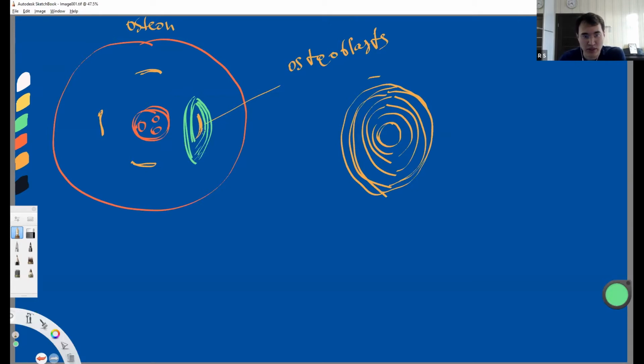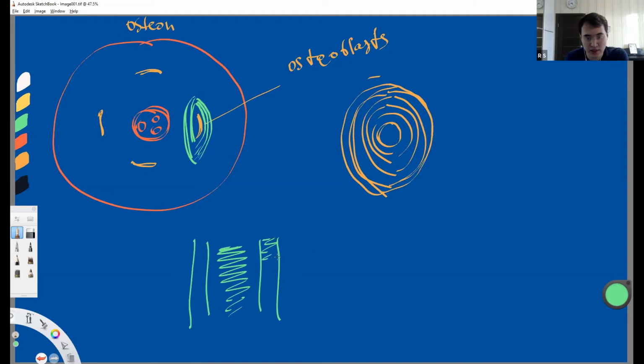That's why in compact bone tissue, which is on the outer side of the bone, here it is hollow, and this is the compact bone tissue, and the strength of this compact tissue is related to these osteons and the lamellae that are produced by the osteoblasts.